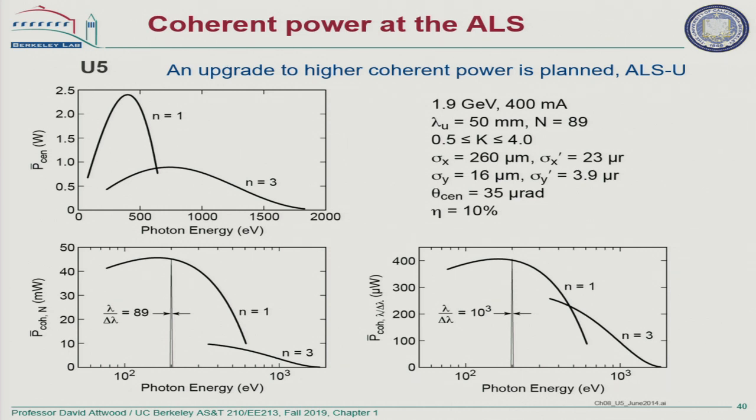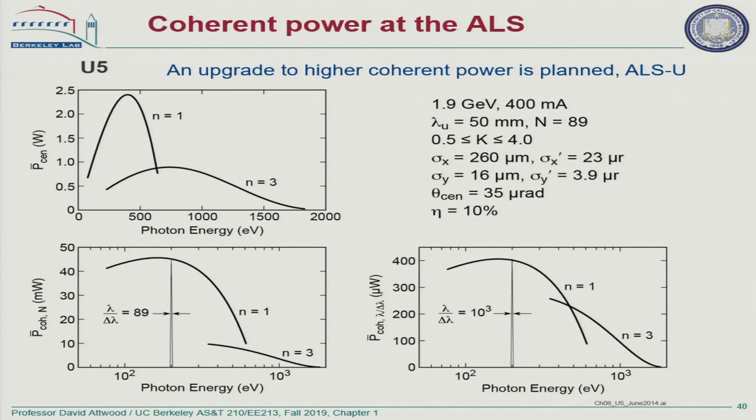So in the central cone, there's a few watts of power at max, and then in the bottom left is talking about if we use a temporal coherence of lambda over delta lambda of 89, and then it goes down to the milliwatts.